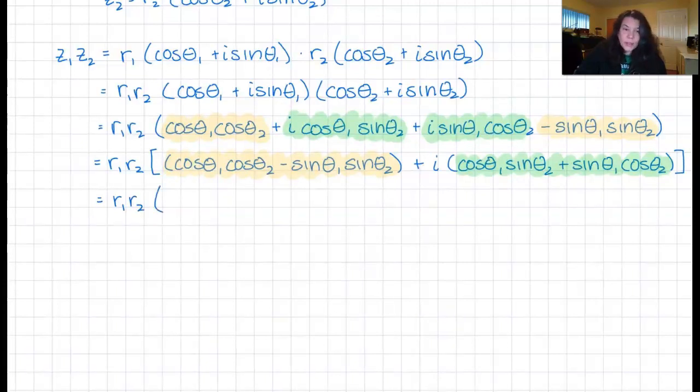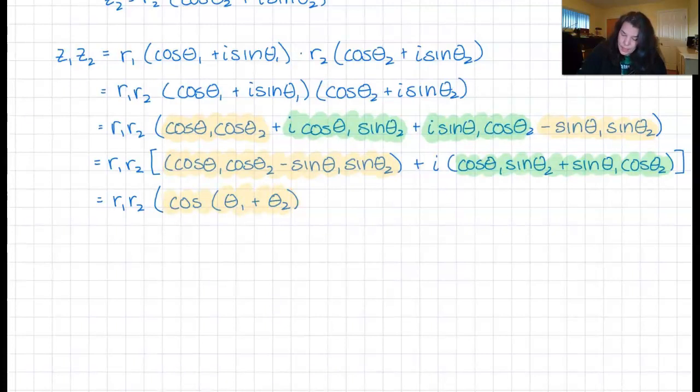The yellow part, that's the sum difference formula for cosine. That is the same thing as cosine of theta 1 plus theta 2. That's all the yellow part.